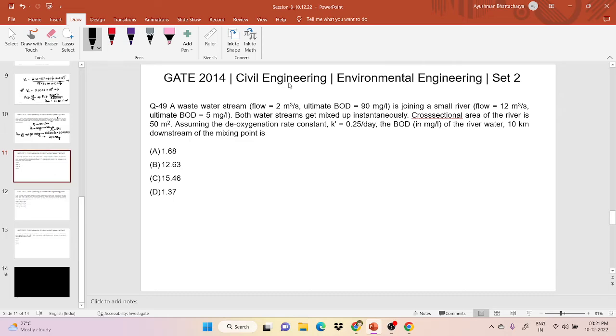So first of all, in this question we will write the given data. QS is equals to 2 meter cube per second. Okay. BOD ultimate of wastewater stream is 90 milligram per liter.